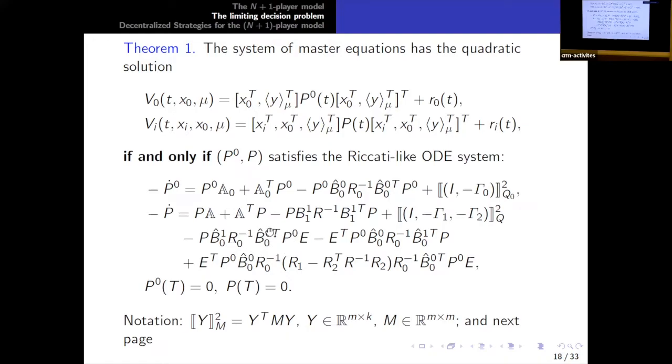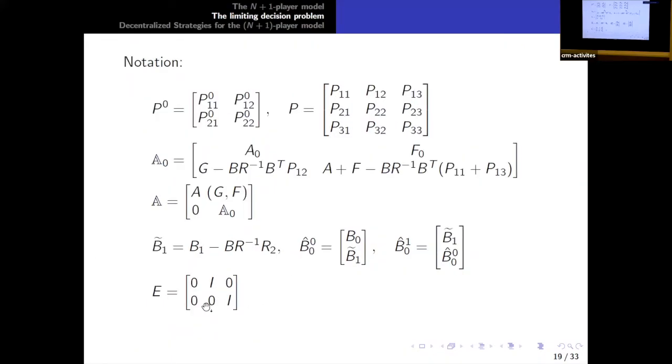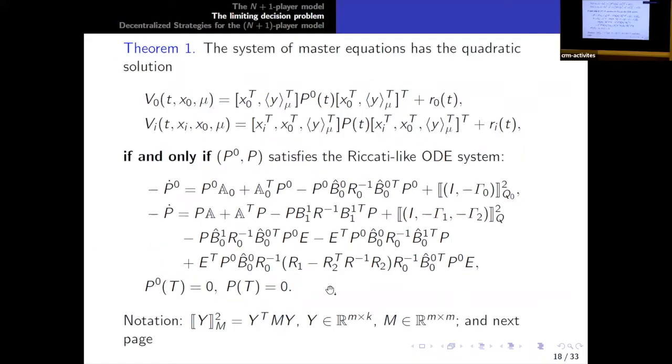You have a product, so you have a quadratic structure. That's why we can still call this a Riccati-like ODE system. Here, this E is just a constant matrix.